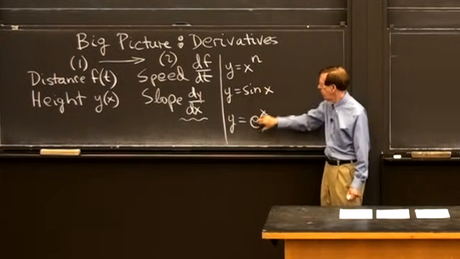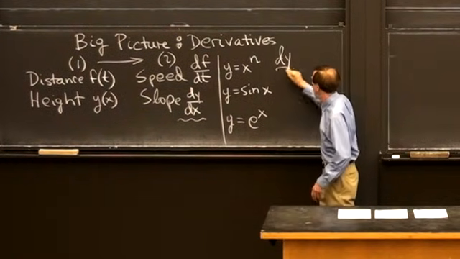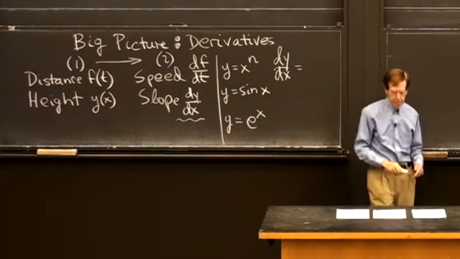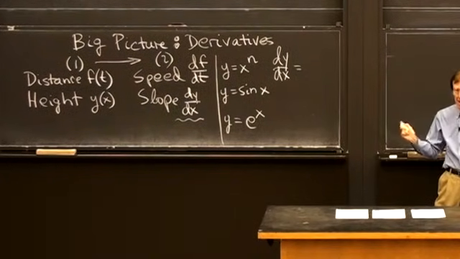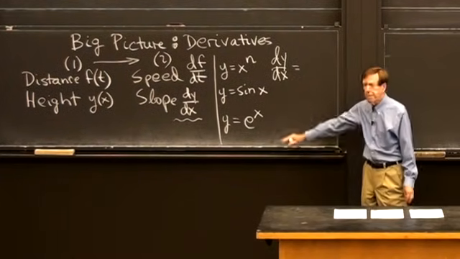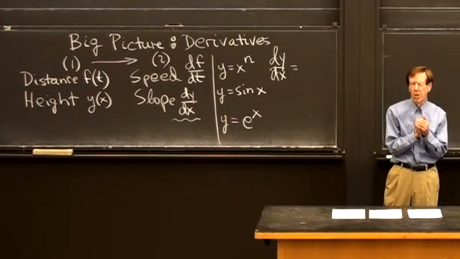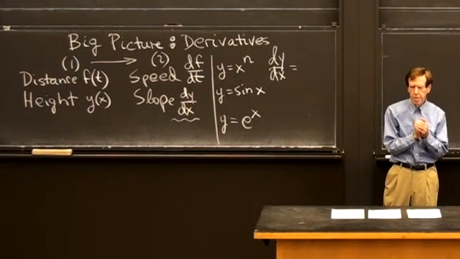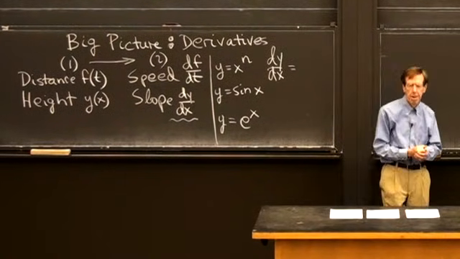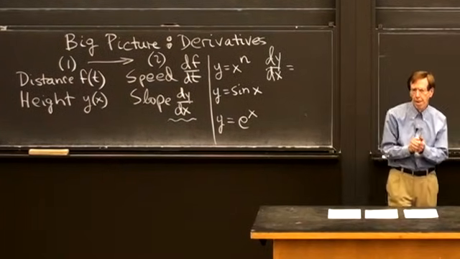These are given by formulas, and I'll find a formula for the slope. dy dx equals. I won't write it in yet, let me keep a little suspense, but this short list of the great functions is tremendously valuable. The process that we go through takes a little time, but once we do it, it's done. Once we write in the answer here, we know it.